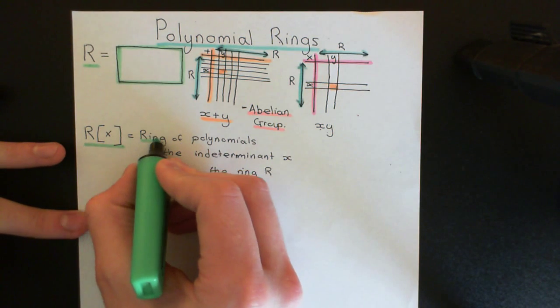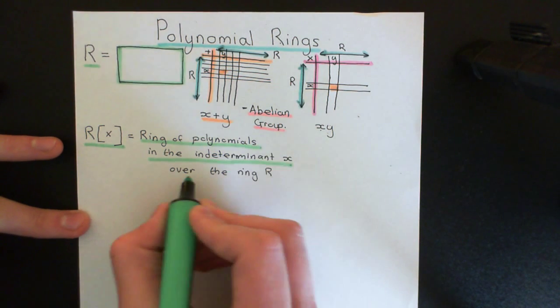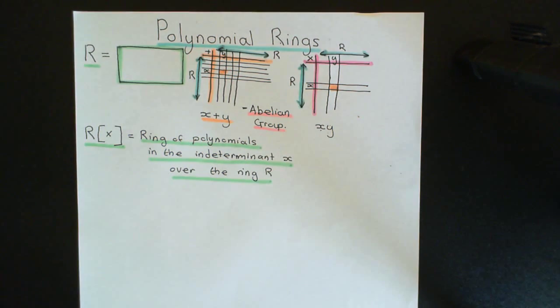But if you said the polynomial ring over the ring R, people would know what you meant. But that's the full name for it: the ring of polynomials in the indeterminate x over the ring R.